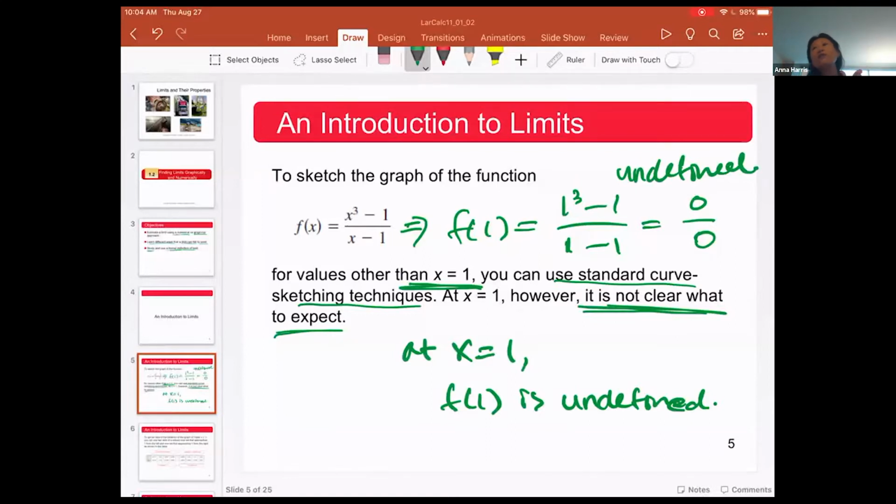If it's a continuous function, the y value happens to be the same as the limit value. But if it's not continuous, such as this problem right here, because at x equal to 1 you don't know what that is, it's undefined, you don't have a y value, so it's not continuous. In this case, I do not have a y value, but I do have a limit. We're going to look at that in a minute.